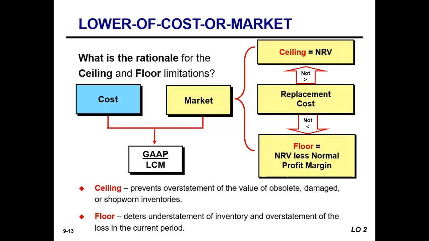That allows us to prevent overstatement of the value of inventories that have become obsolete, have become damaged, or have lost their value, right? Where when we calculate the floor, which is the net realizable value less that normal profit margin, and we won't go below that floor, then that deters us from understating our inventory, right?